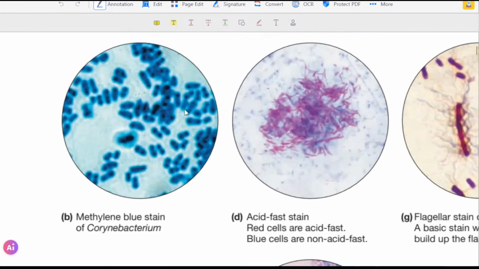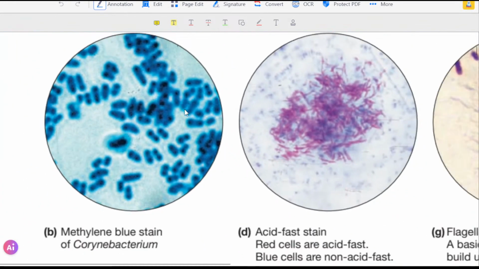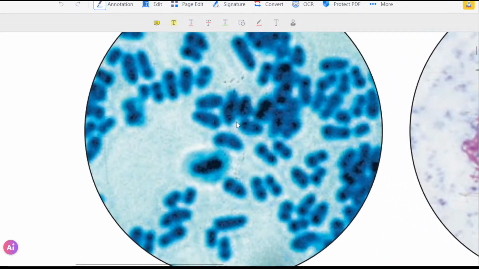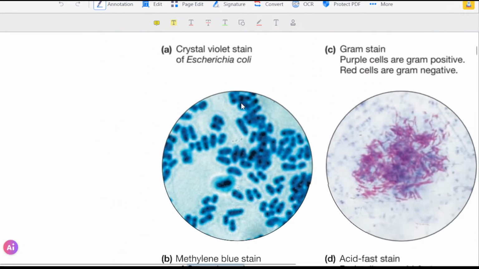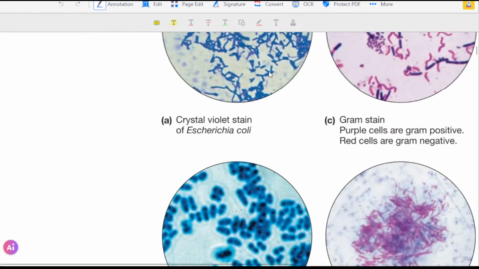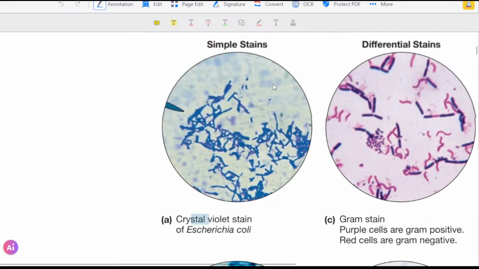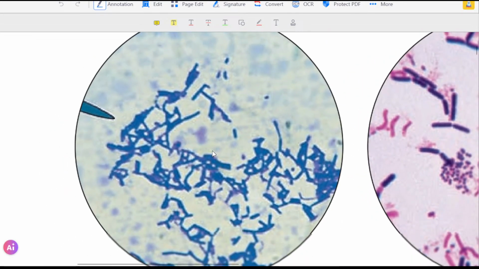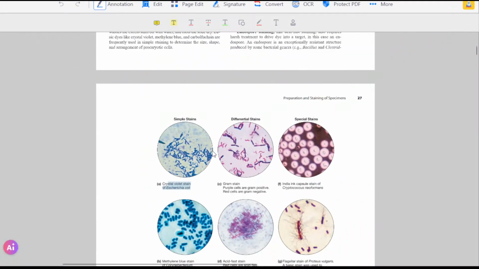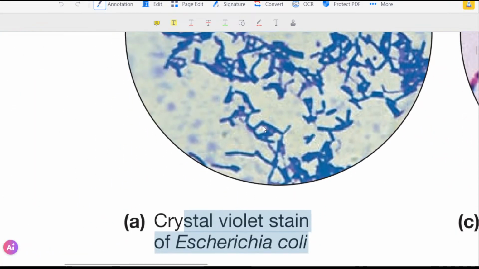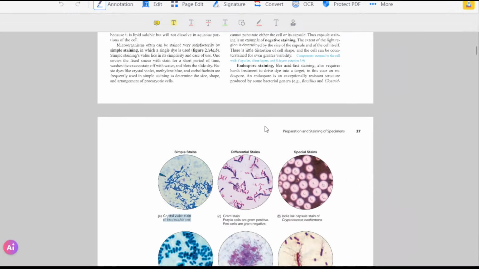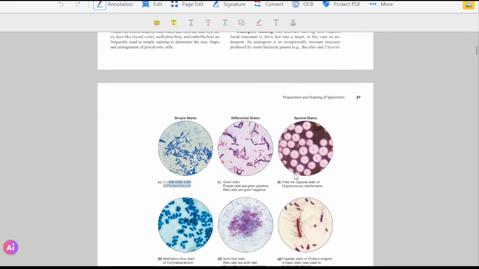By the way, we studied this methylene blue stain, right? This is the stain on Corynebacterium. It's a bacterium. And look at this crystal violet stain on Escherichia coli. Escherichia coli we all know. So beautiful color. And what other stains did we study? The others are differential stains and special stains.